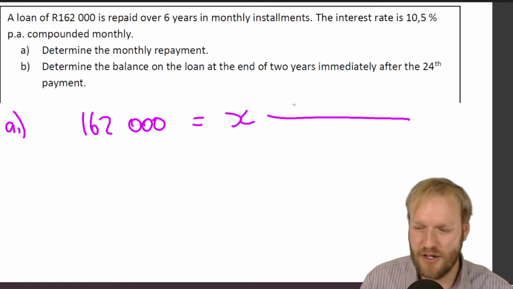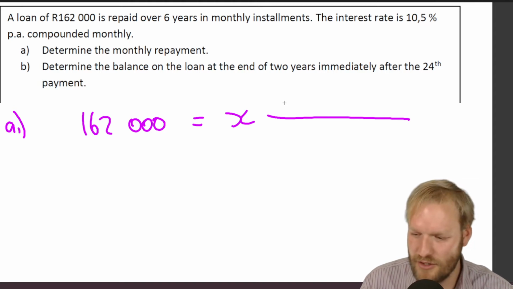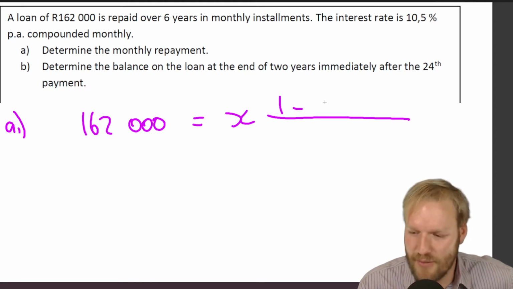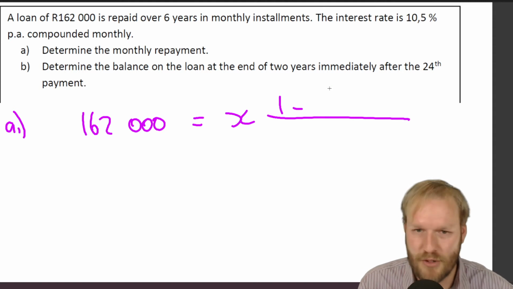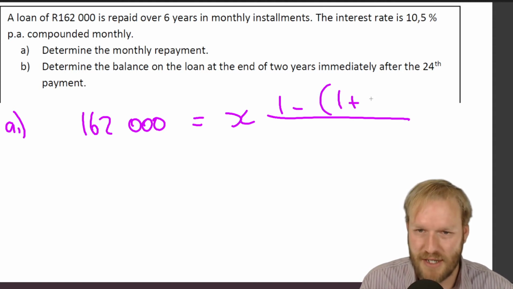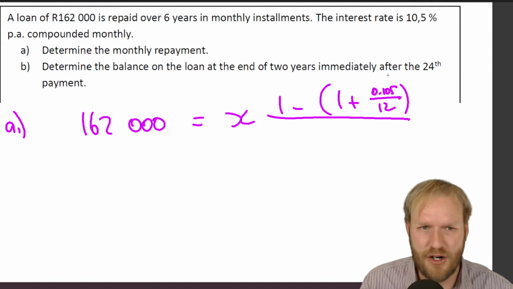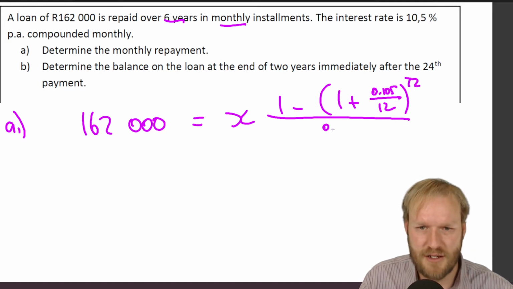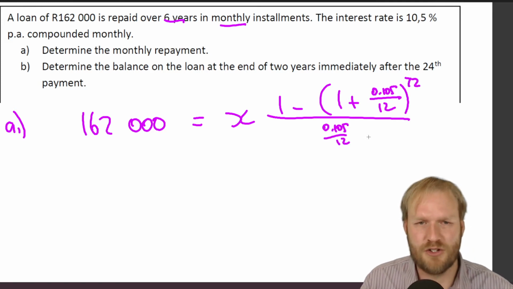We don't know what those are, and we're going to use our formula: 1 minus, 1 plus 0.105 over 12, to the power of 72 months, for 6 years of monthly installments.